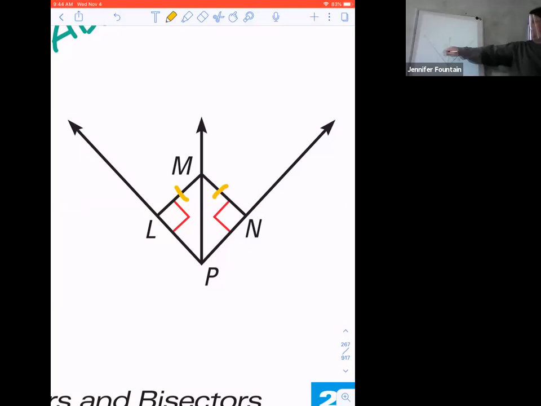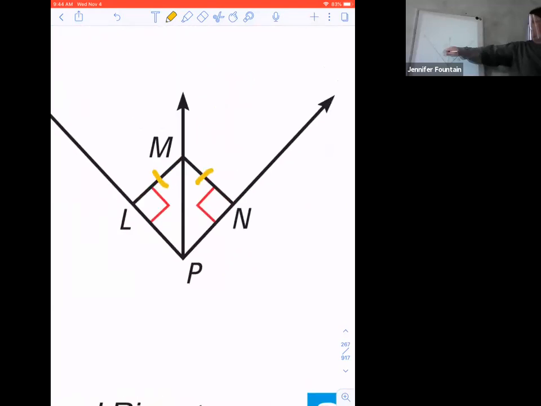So we know they're congruent. What else do we know about the angle LPN? What do we know about this big angle? What do I know about each of these? If I know that PM is the bisector of angle LPN, due to this angle right here, it cuts it in half.